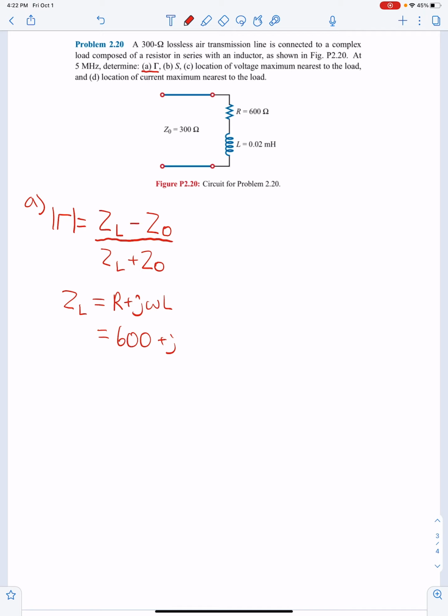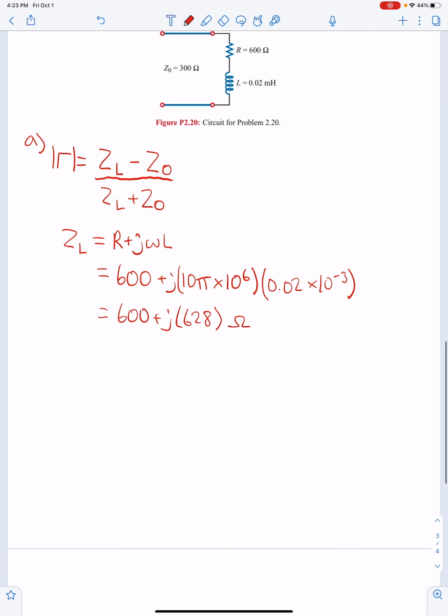So we say 2 pi times that, so it's the same as 10 pi times 10 to the 6th, also times our inductance, so we have 0.02 times 10 to the minus 3, so then we have 600 plus j 628 ohms.